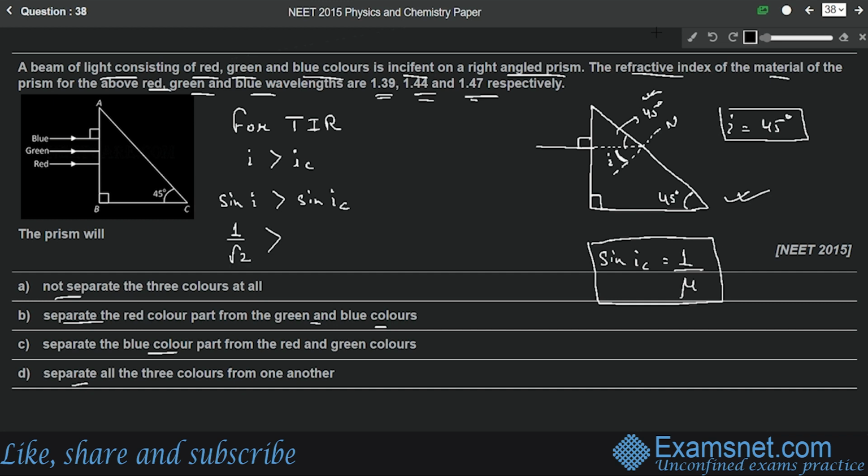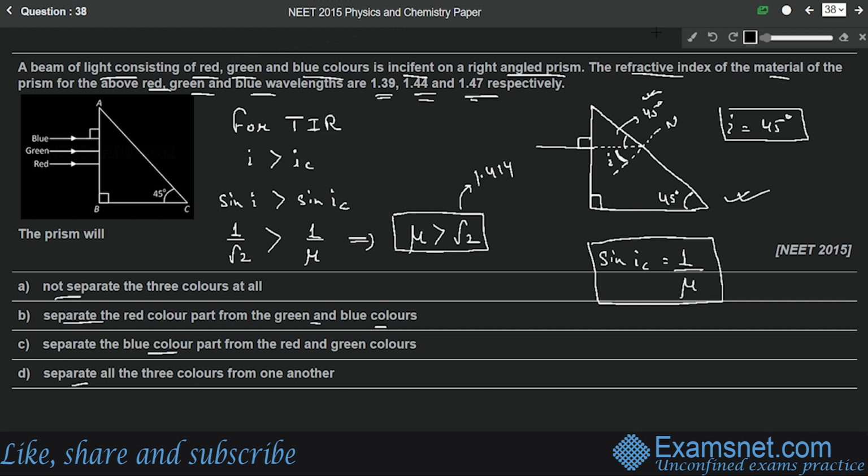It should be greater than sine IC, that means 1 by mu. So 1 by root 2 should be greater than 1 by mu, that means mu should be greater than root 2. The refractive index of the color should be greater than root 2 for total internal reflection to take place. And root 2 is equal to 1.414. That means mu should be greater than 1.414. Then total internal reflection will take place. Otherwise, it will not take place.